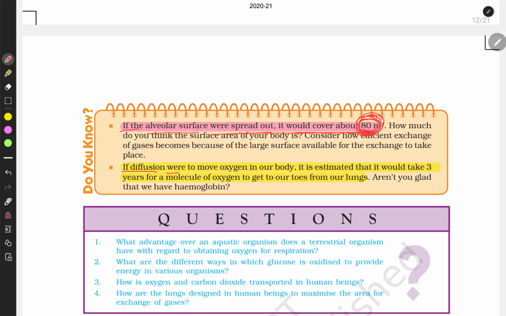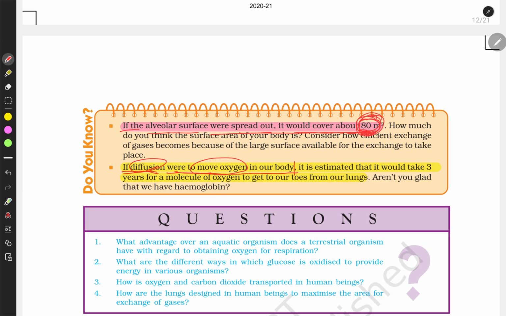If diffusion were to supply the oxygen in our body, and we didn't have a transportation system for carrying the carbon dioxide and oxygen throughout the body, what would happen?